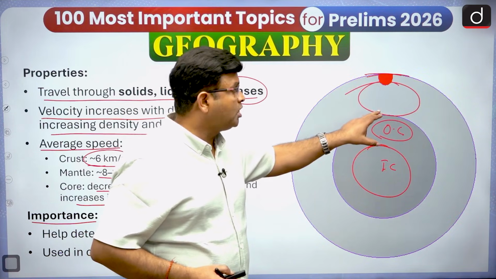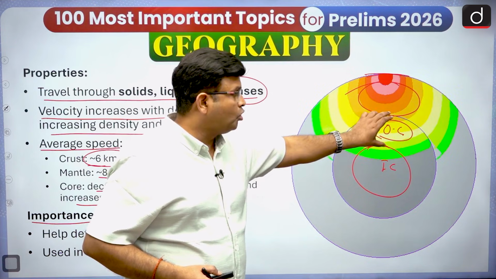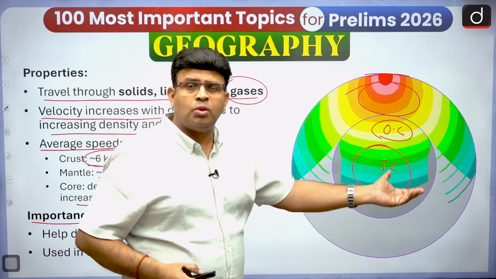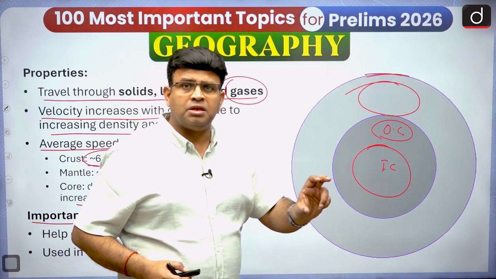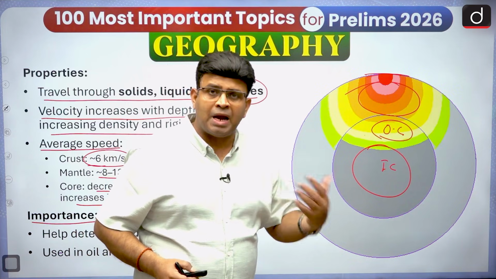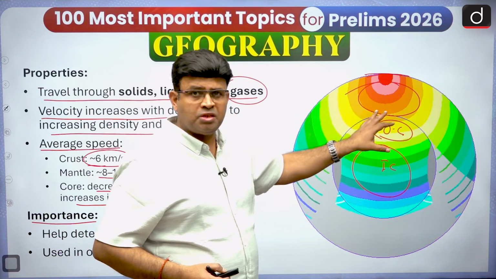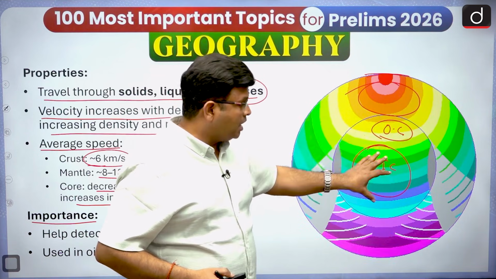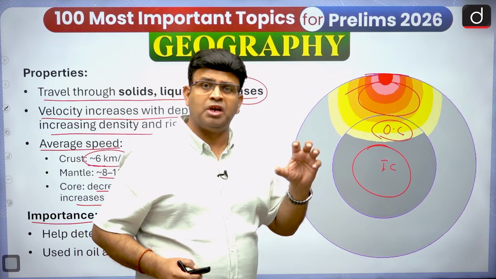It means somewhere below 2900 kilometer till 5150 kilometer, the outer core is liquid. If the speed decreases, it is not solid, it is liquid. Therefore P waves help in finding out that the outer core is liquid, and in the inner core the speed increases, which means it is solid.